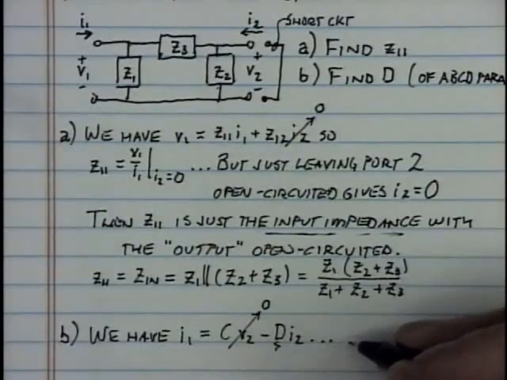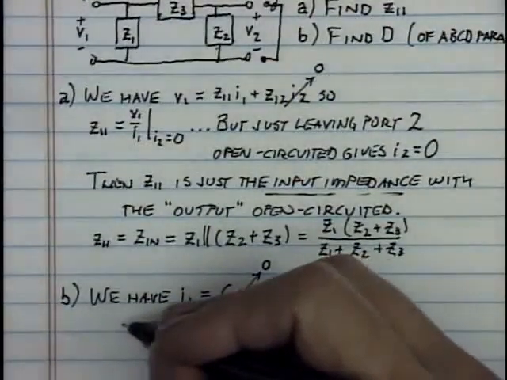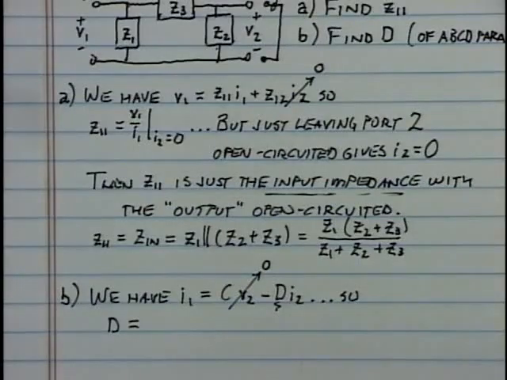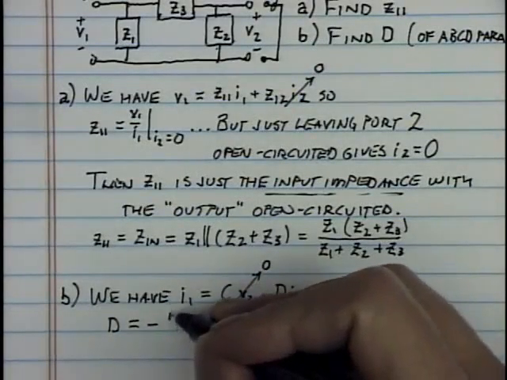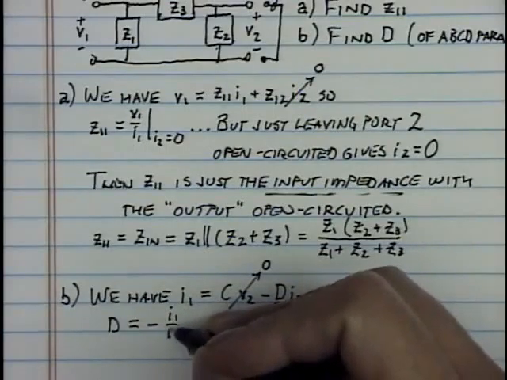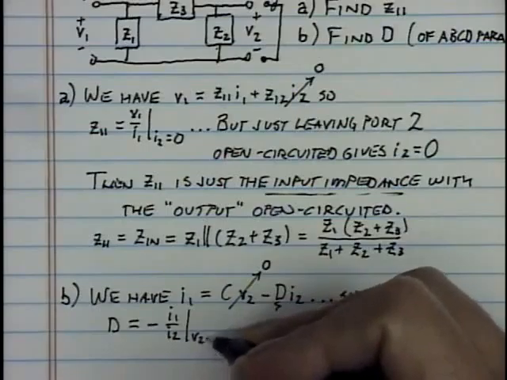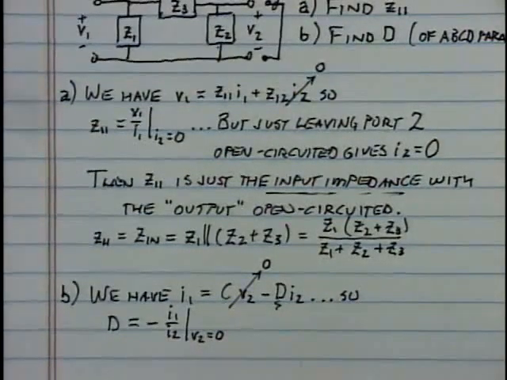All right, so what that tells me is that D is equal to minus I1 divided by I2 when V2 is equal to 0.